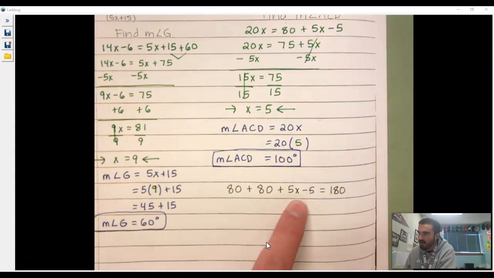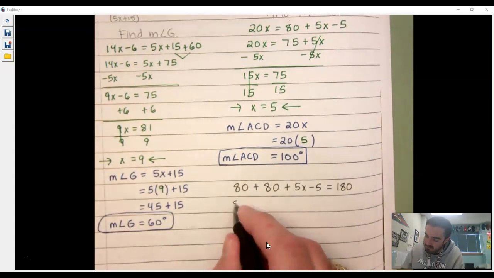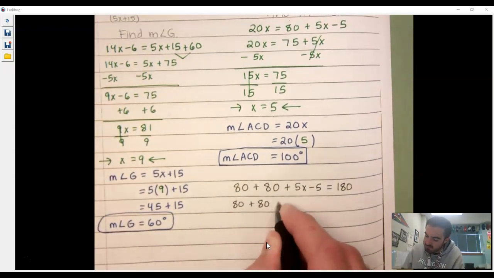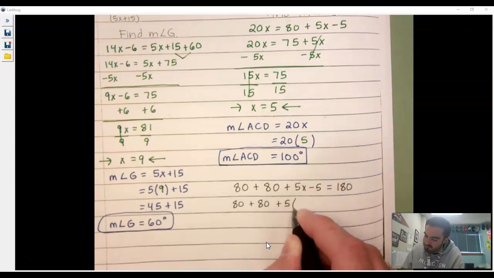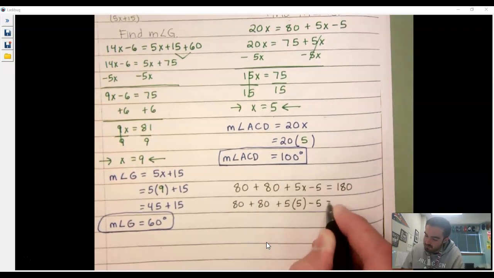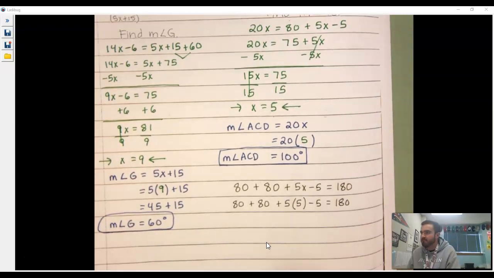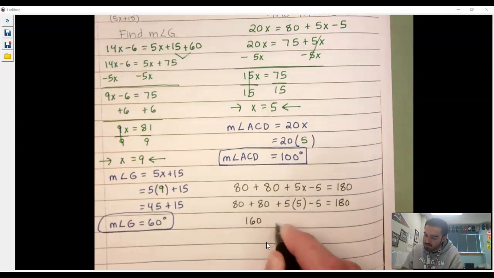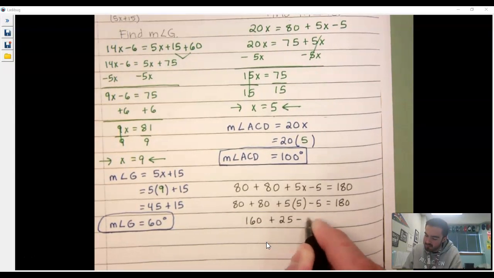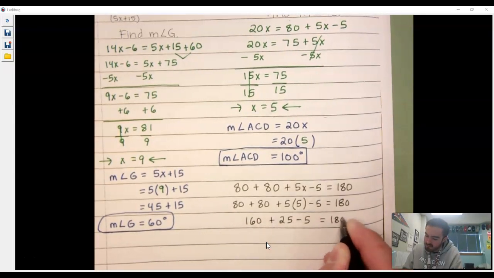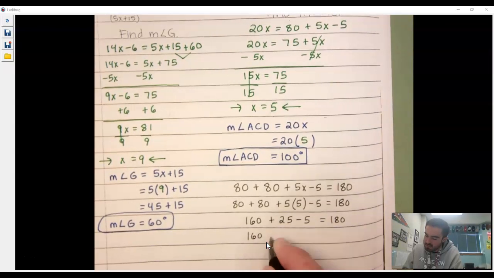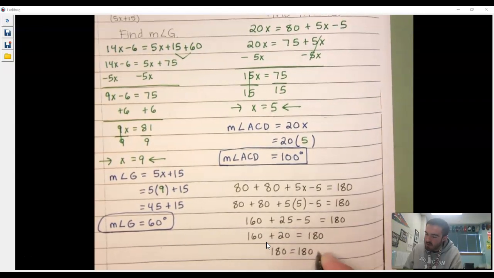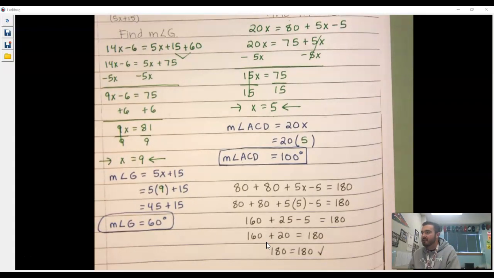We know x is 5, so I plug in that 5: 80 plus 80 plus 5 times 5 minus 5 equals 180. This would be 160 plus 25 minus 5 equals 180. 160 plus 20 equals 180. 180 equals 180. We did it.